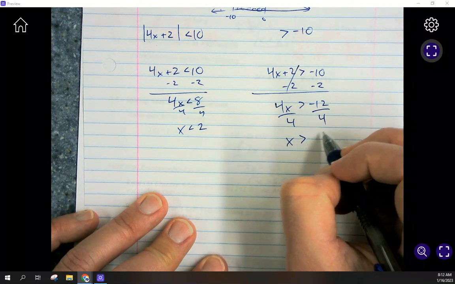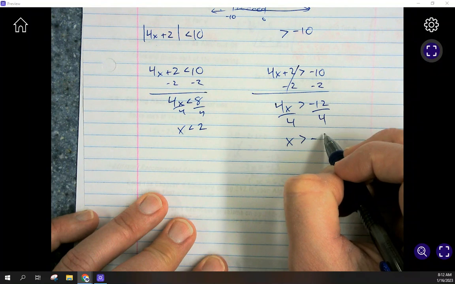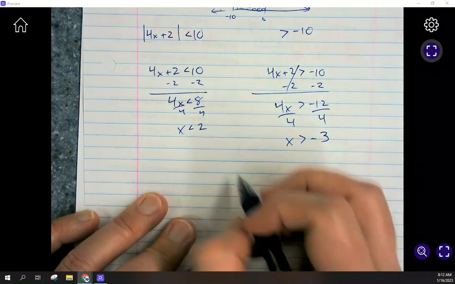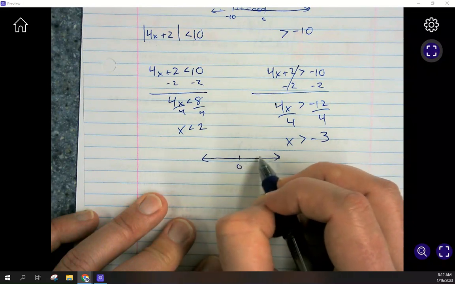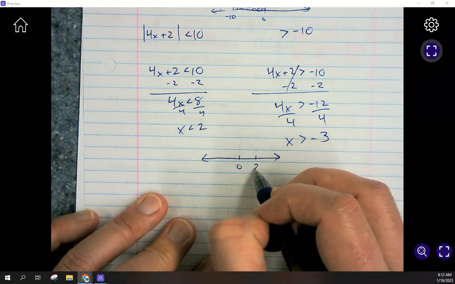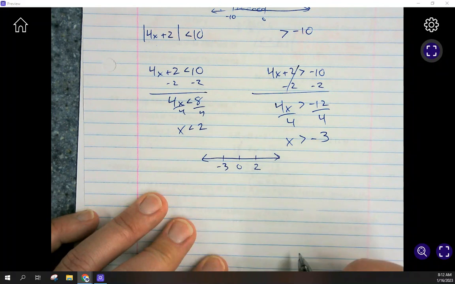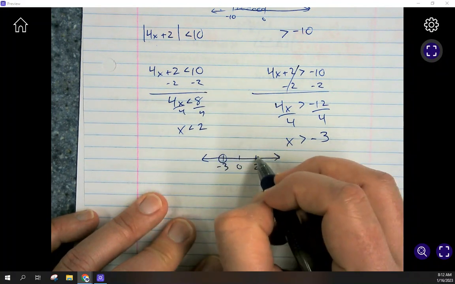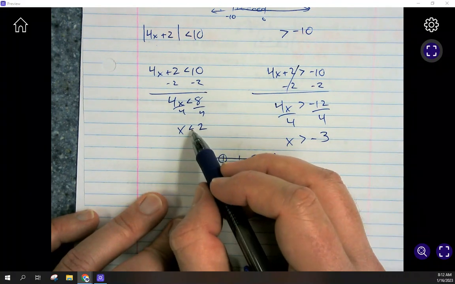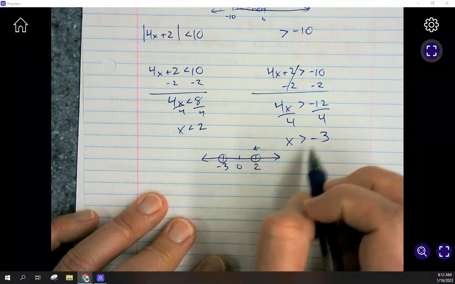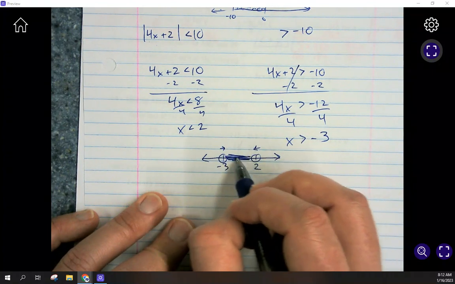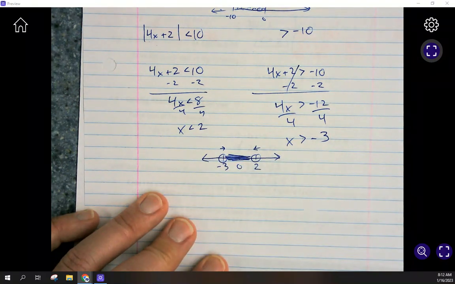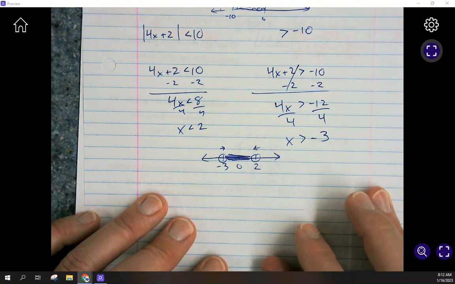X is greater than negative 3. So we have 0. We have 2. And we have negative 3. All open circles here. They do not have equal signs. Less than 2 is going this way. Greater than negative 3 is going this way. So this is a situation where both of those are going to be in the middle.